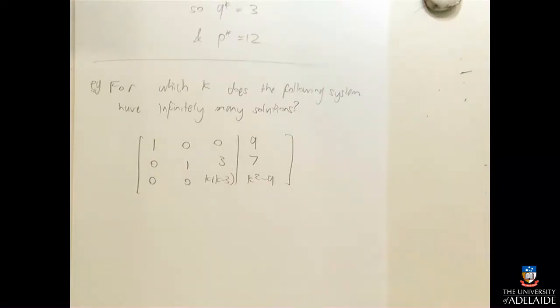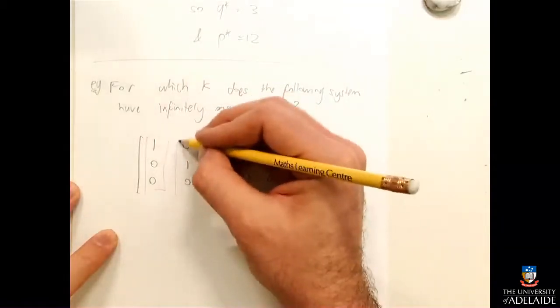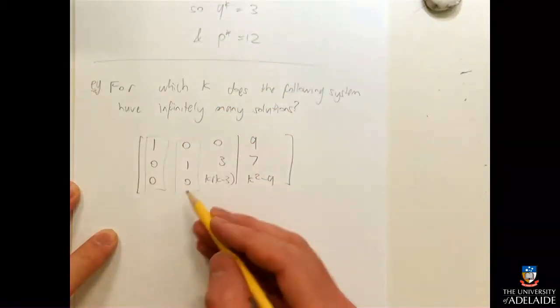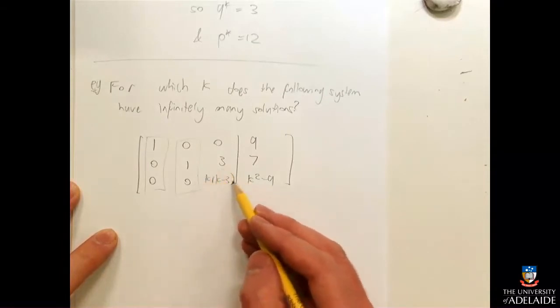All right. So to tell how many solutions there are, I should try and solve it. If I was going to try and solve this, I would produce as much of the identity matrix as I can. So there's a pivot column there, and there's a pivot column here, and I would attempt to put a pivot column in this position as well, which means I need a 1 here.